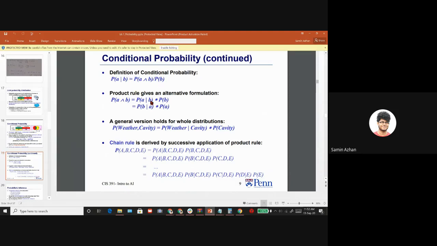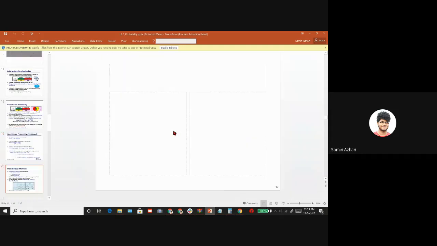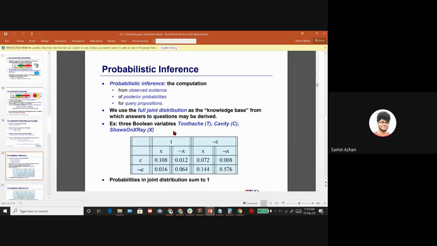We basically have to use these two rules. And there's another example given for three different variables. So this time there's toothache, which stands for T, cavity stands for C, and X-ray, which stands for X.